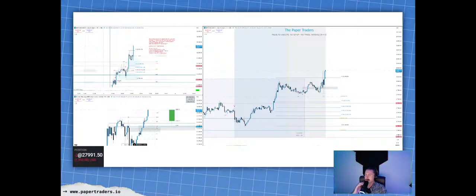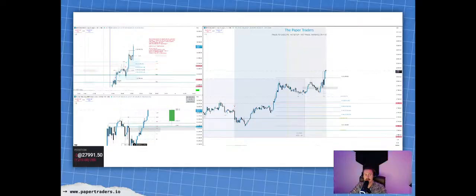Let's see what they do out here. Looks strong. See what we have for news today. 7:45 final services PMI. ISM services PMI at 8 a.m. opening up, as a heads up on that.